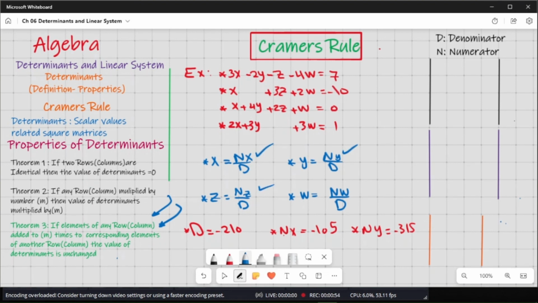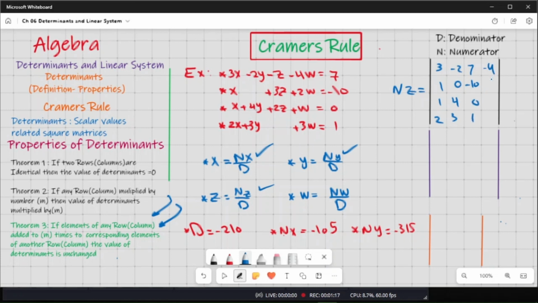We have here nz equal to 3, 1, 1, 2, -2, 0, 4, 3, here 7, just replace 0, 1, and here -4, 2, 1, 3.